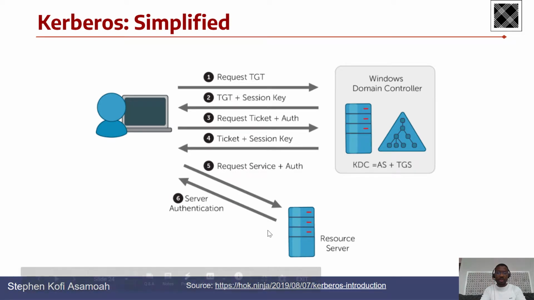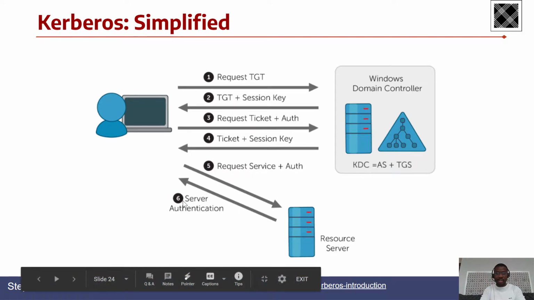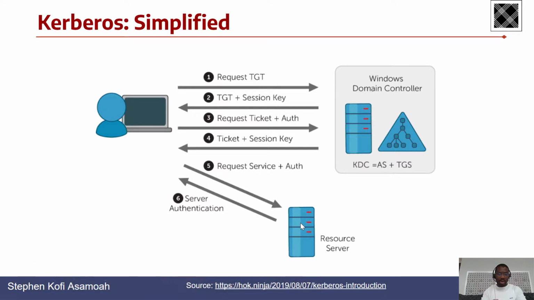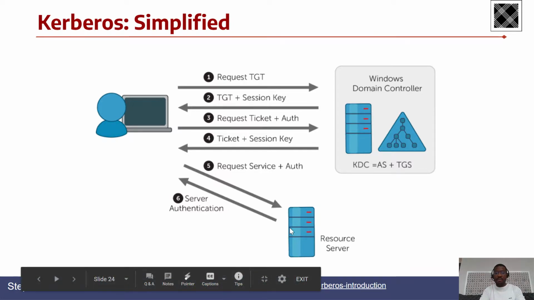Now here is where the authorization comes in for the 6th step. This server will look within your ticket. The ticket will contain things about you, your membership, your access privileges and all that, and then it will determine if you are authorized to access such resource before you are provided with such a resource.